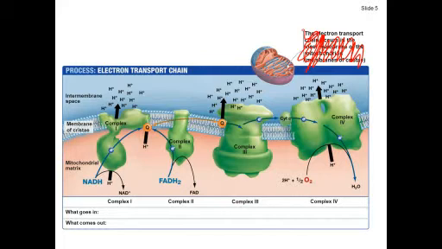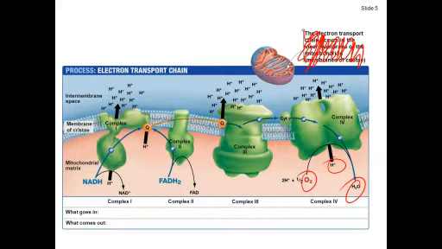You have the pumping of protons from the cytosol into the intermembrane space. And then finally, these electrons are donated to oxygen to form water.